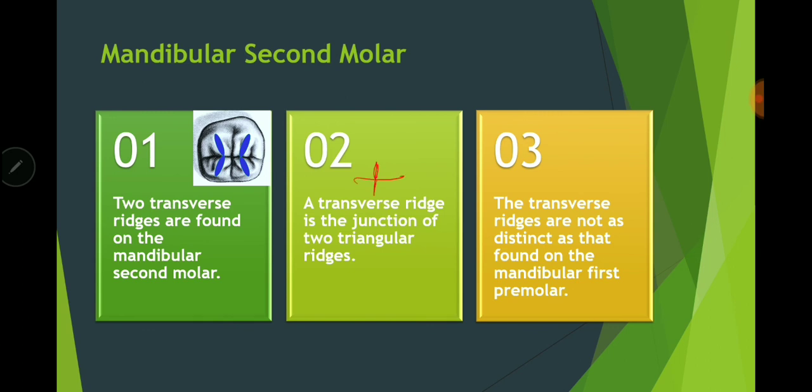This is the definition of a transverse ridge, so make sure you know it. The transverse ridges are not as distinct as that found on the mandibular first premolar. Remember, the mandibular first premolar has a transverse ridge connecting the buccal and the lingual cusp, even though the lingual cusp can be smaller.